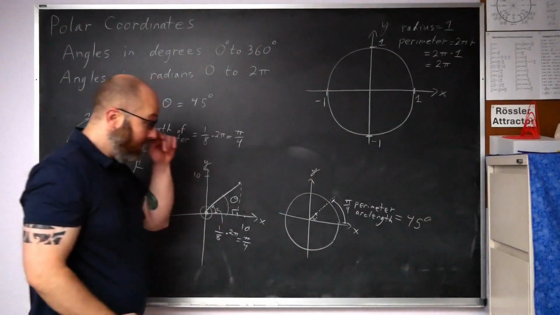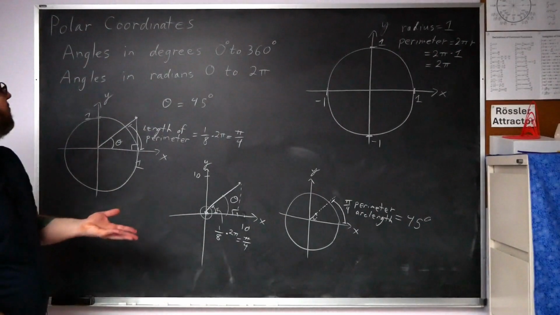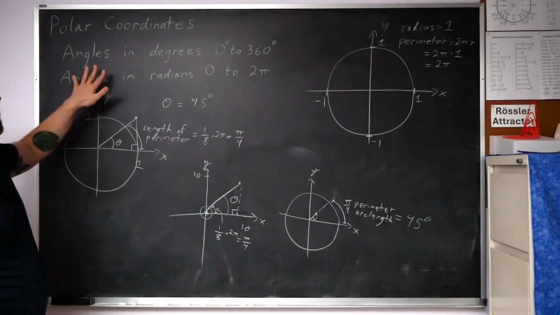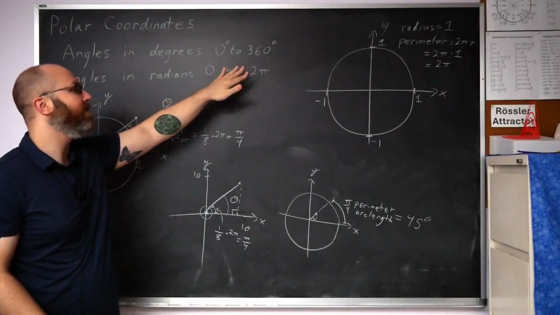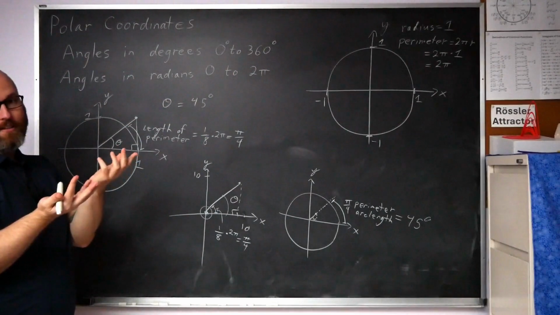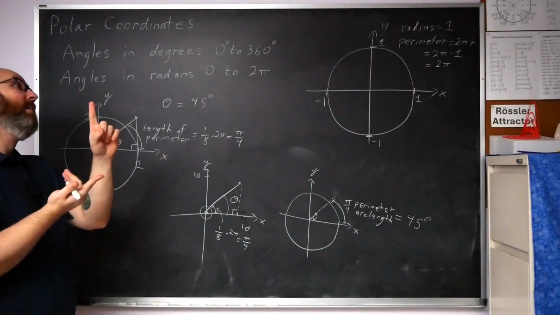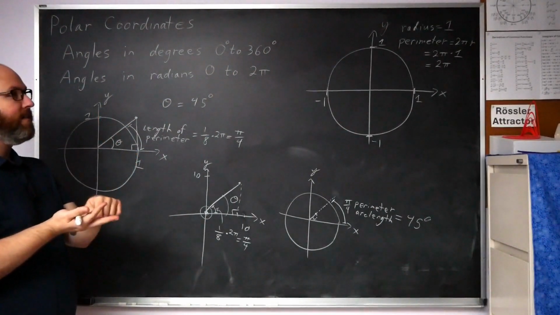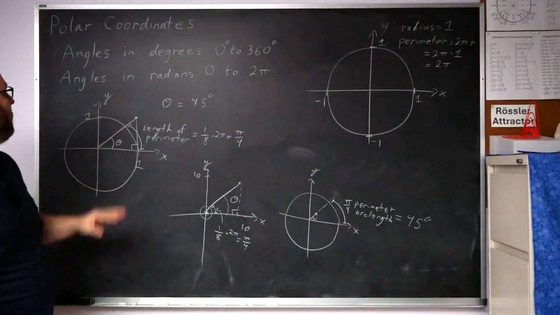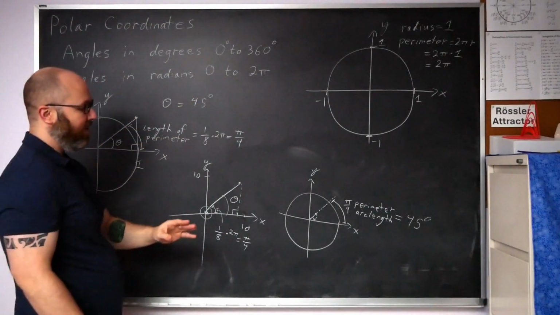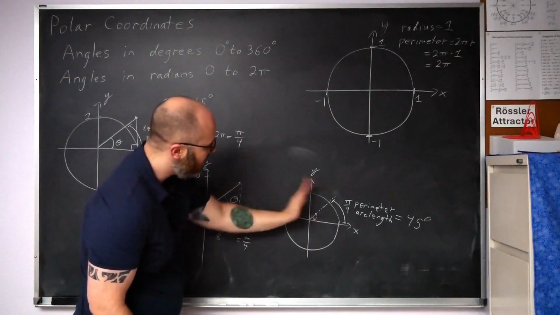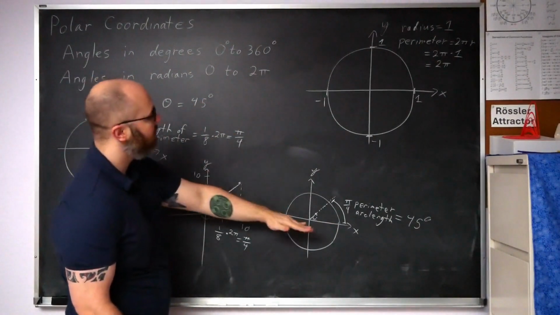All right? So that's the big difference between these two coordinates, the two ways to describe an angle. For an angle in degrees, they picked 0 to 360, 360 in particular, because it's divided evenly by 2, 3, 4, 5, 6, a bunch of numbers. And angles in radians, 0 to 2 pi, is actually the length of the circle you need to trace out the angle you're interested in, the length of the unit circle.